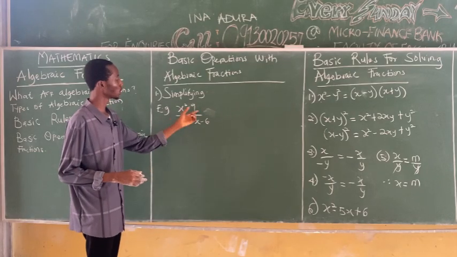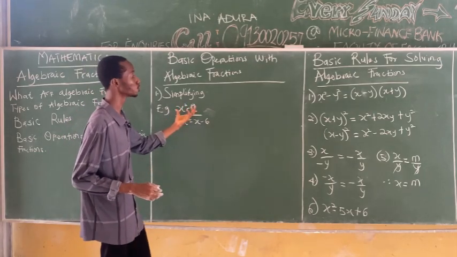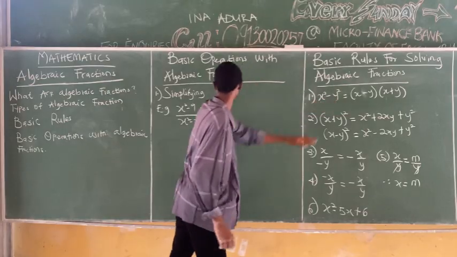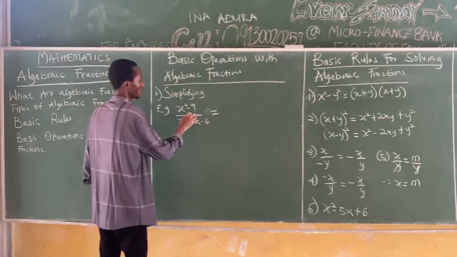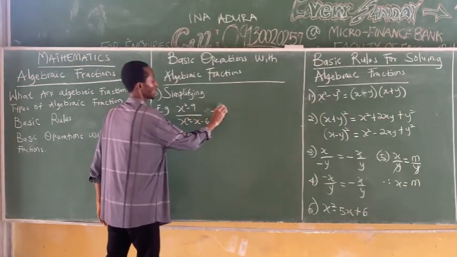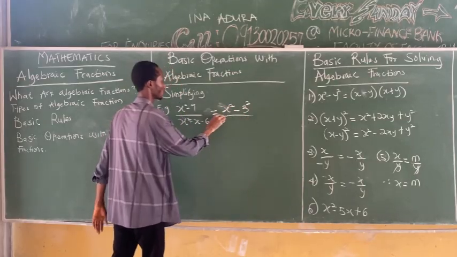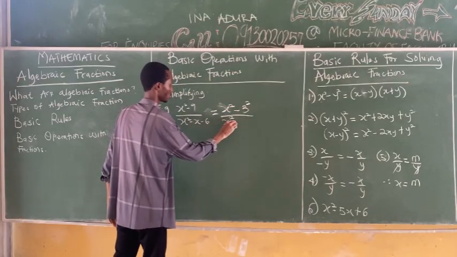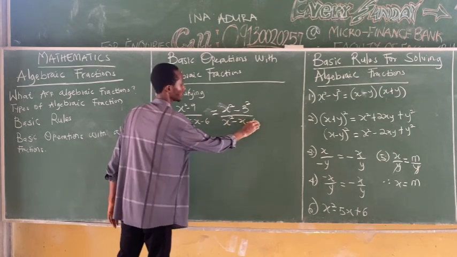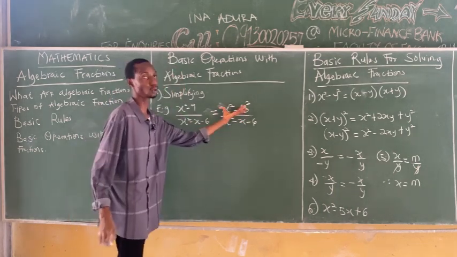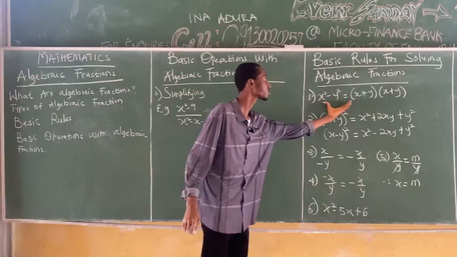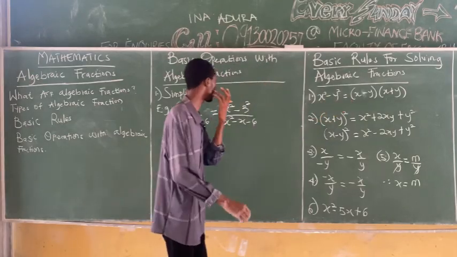Looking at this question, you know that the numerator is a difference of two squares. It is the same thing as x squared minus 3 squared, all over x squared minus x minus 6. The numerator is now looking like this.